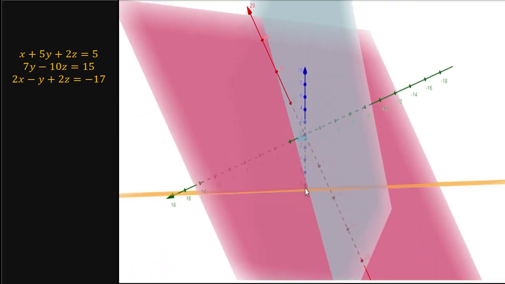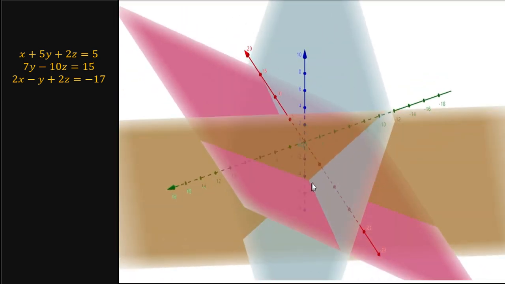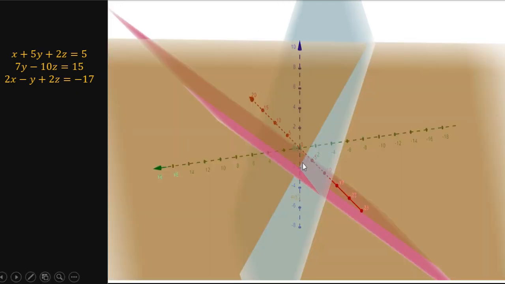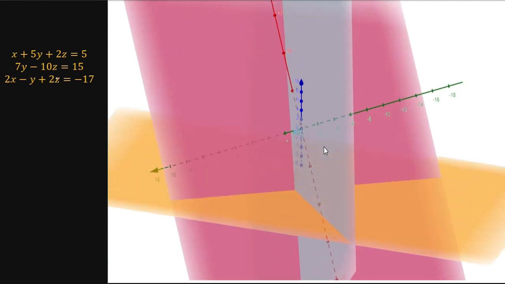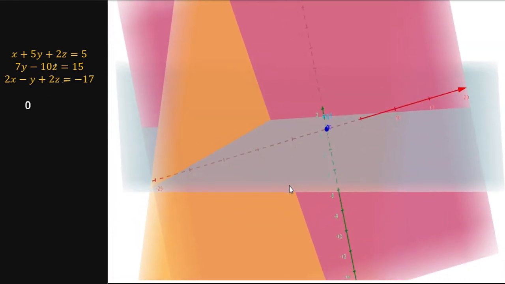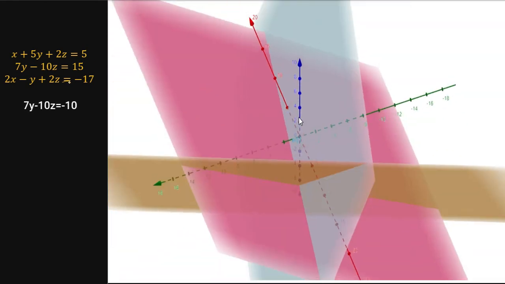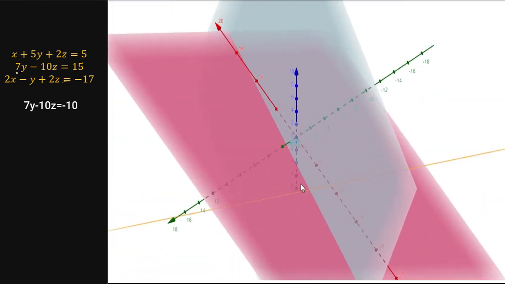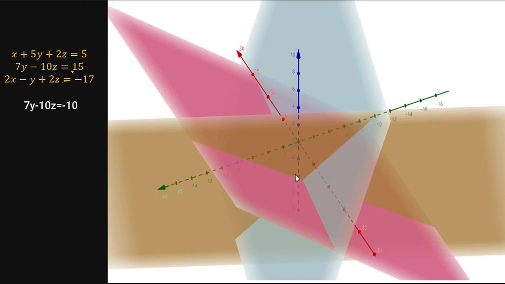So this point right here is our solution for this system that consists of 3 linear equations. If we had parallel planes, so instead of this third equation 2x minus y plus 2z equal to minus 17, if I put a third equation that contradicts my previous equation, like 7y minus 10z equal to, instead of 15, I'm going to say minus 10.